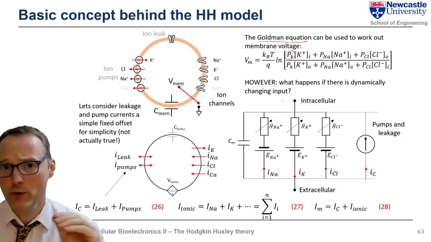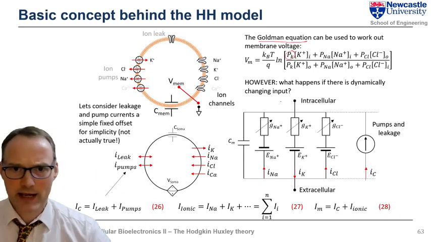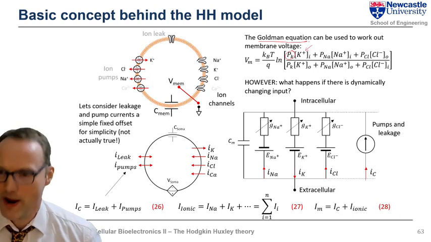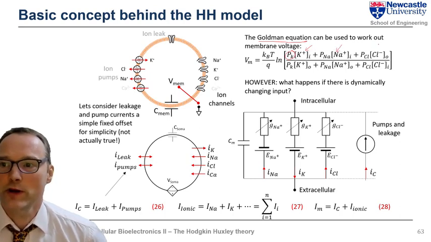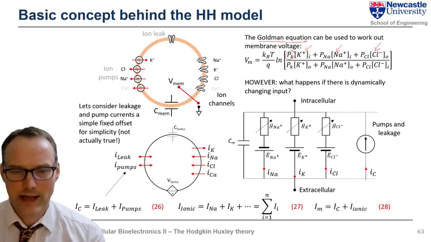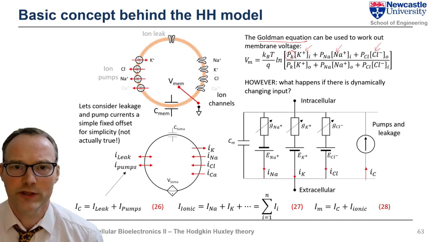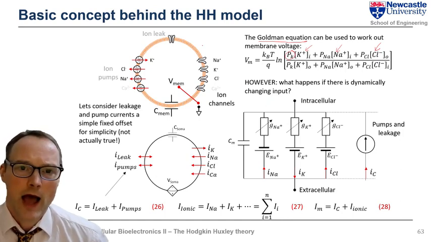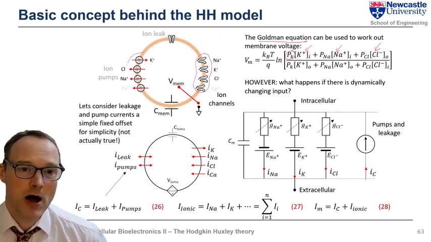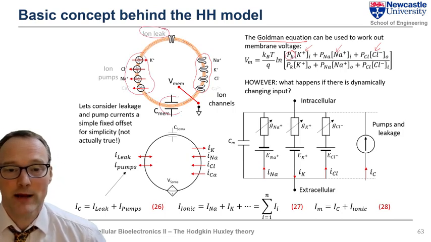And the key ions we consider in terms of this kind of dynamic changing is primarily potassium, sodium, and chlorine. Calcium's in there as well, but let's just consider these three because they're the most important ones for now. And then we created this model that we saw before, where we've got the channels, we've got the pumps, we've got the leakage, and of course we've got the membrane capacitance and then the membrane potential.